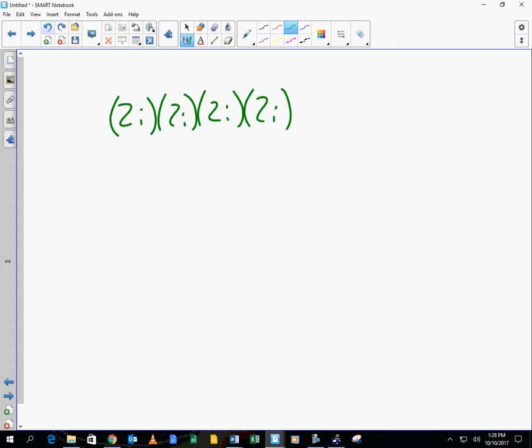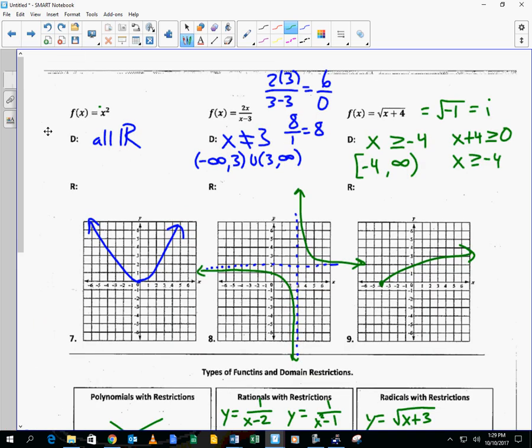Well, 2i times 2i is negative 4, and 2i times 2i is negative 4, so you get 16. But I asked, what's the 4th root of negative 16? So unfortunately, you had a good guess, but you're not quite there. The fact is, you don't know what it is. I'll have to teach you someday what it is. It's kind of complicated, but you can't take the 4th root of a negative number, and so that becomes problematic for us.